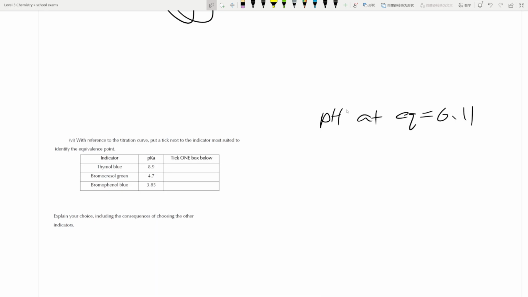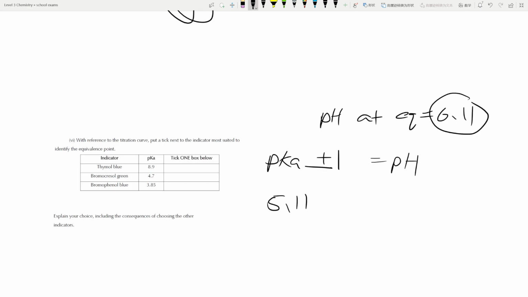We calculated that before. Now normally we want the pKa of the indicator to be plus minus 1 of the pH. So that means we want ideally something between 5.11 and 7.11.